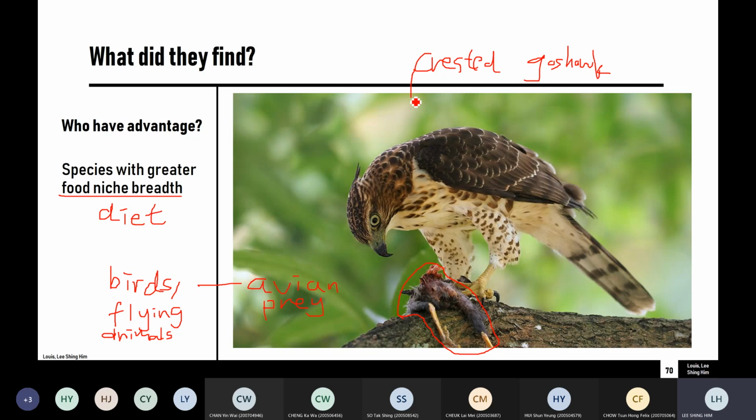So basically, it can eat anything. So that is a behavioral flexibility. With that flexibility, this species will have an advantage to survive in the urban area.